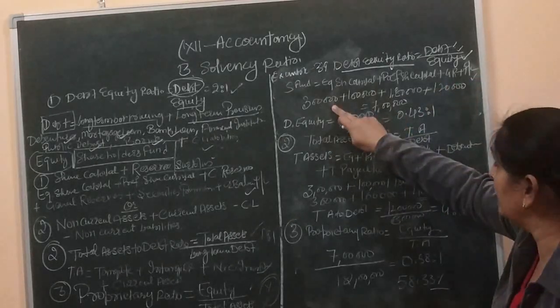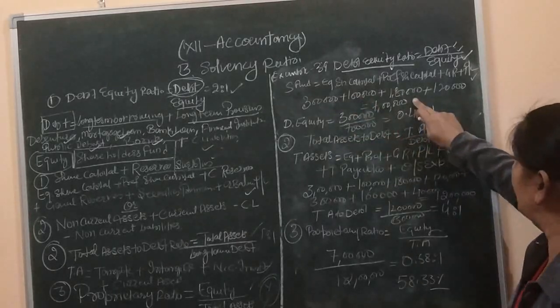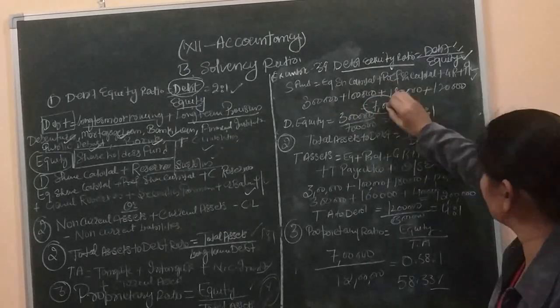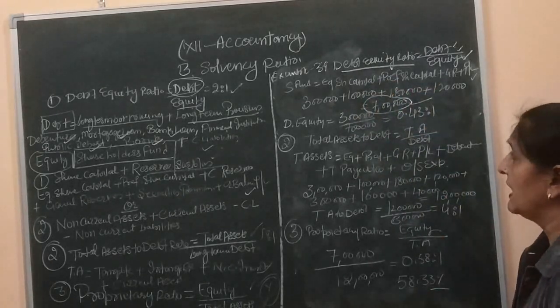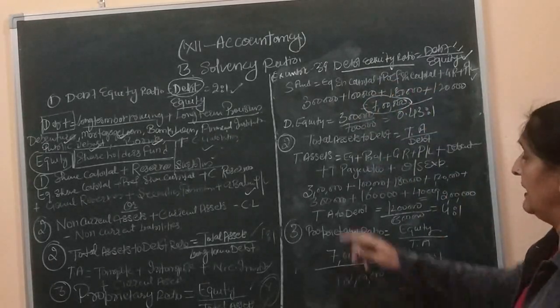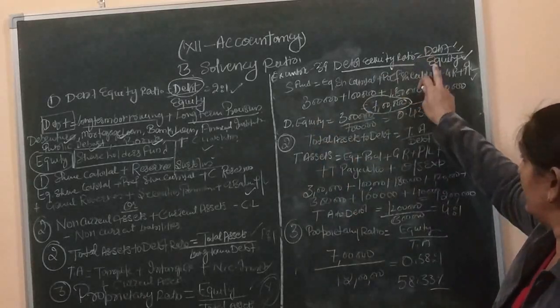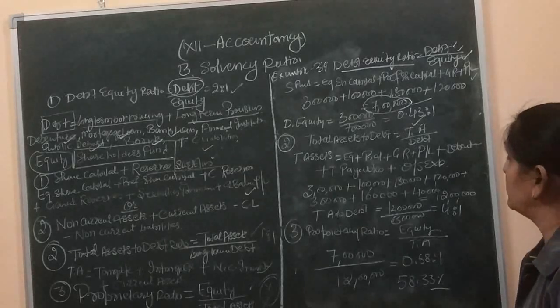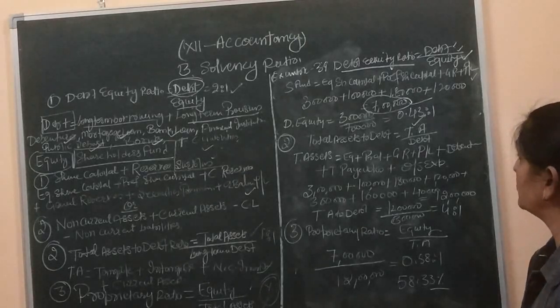It means 3 lakh plus 1 lakh plus 1 lakh 80,000 plus 1 lakh 20,000. So the total amount is 7 lakh for the equity shareholder fund, and the formula is debt upon equity. It means 3 lakh upon 7 lakh, and the ratio is 0.43:1.